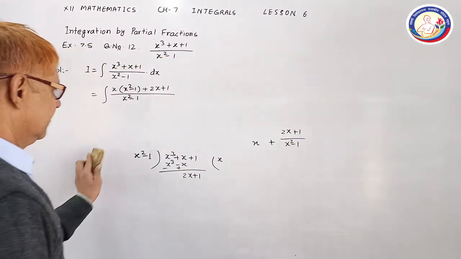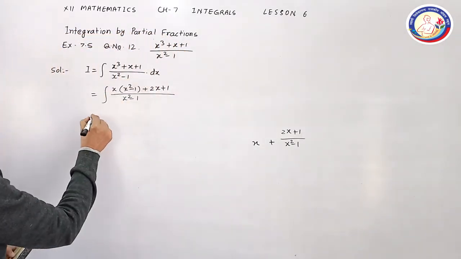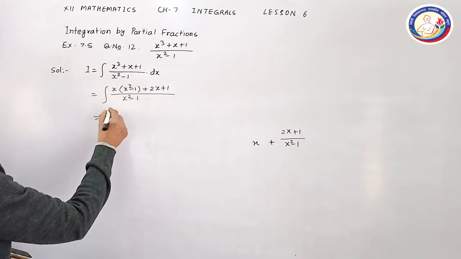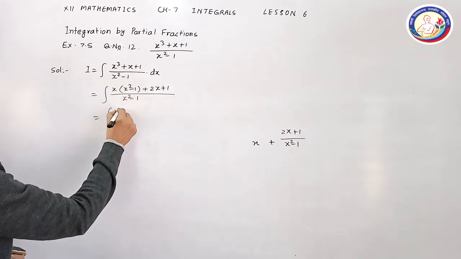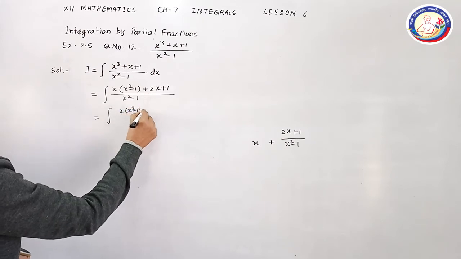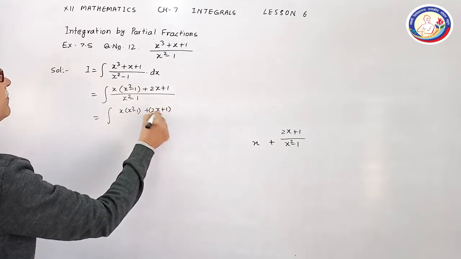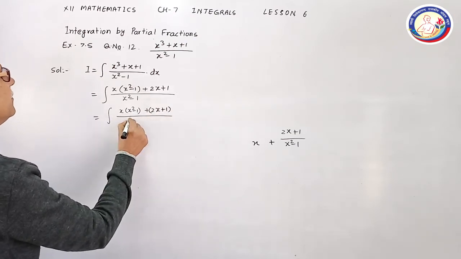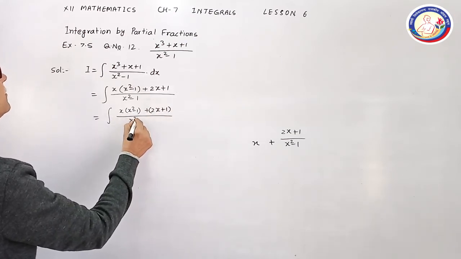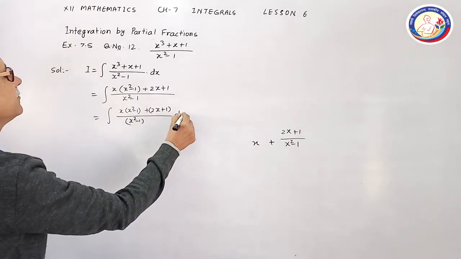And it is again this, by using this method. This will be x into x square minus 1 plus 2x plus 1 upon x square minus 1 dx.